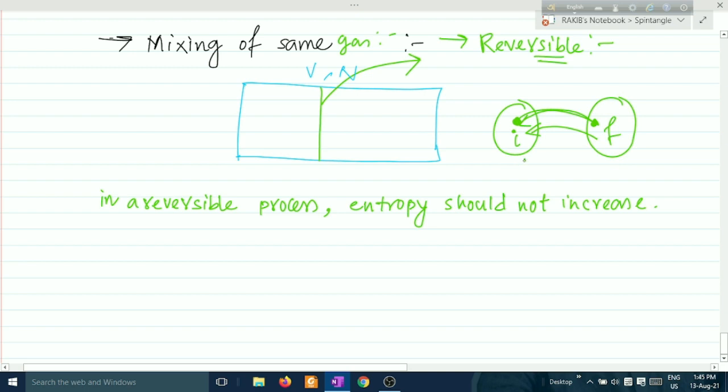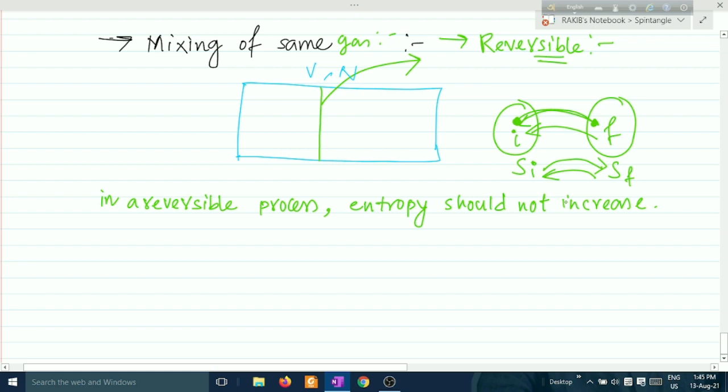Therefore, if the entropy in the initial position is Si and in the final position is Sf, it goes from Si to Sf and also goes back to Si.